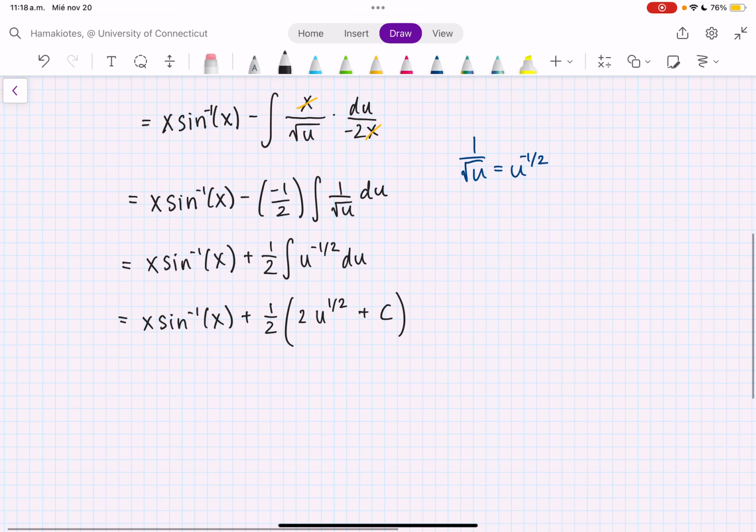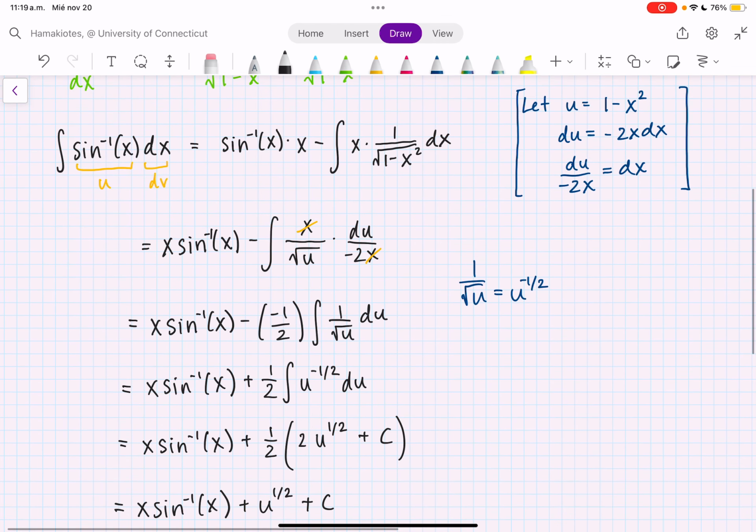Now we can simplify this a little bit. So it's x sine inverse of x, distributing the 1/2, so this is just plus u to the 1/2 plus c. And now we have to substitute what u was. So if we scroll back up, we see that u is 1 minus x squared.